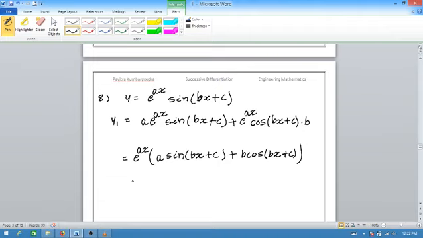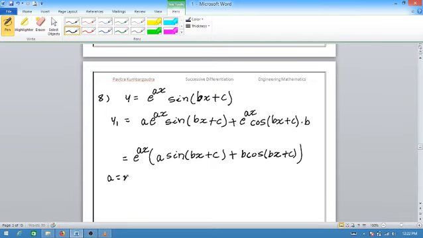Similarly, y3 contains 4 into 2, meaning 8 terms. So therefore, instead of that, I will substitute a is equal to r cos theta and b is equal to r sin theta. So here I have applied the substitution method.